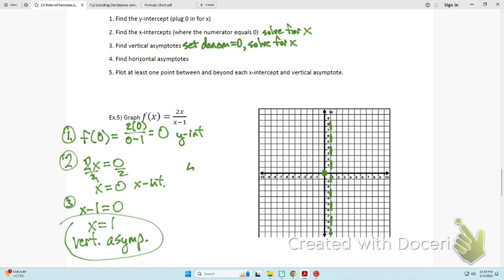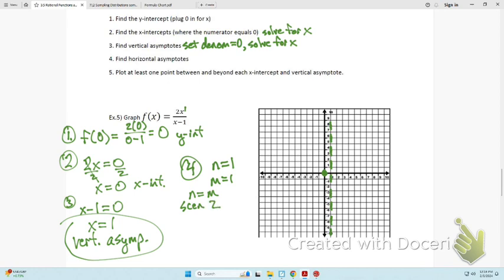Step number 4, I want to find horizontal asymptotes. N is 1, because there's a 1 right there. That 1 right there. M is 1, because there's a 1 right there. And now that is N equals M. That's scenario 2.